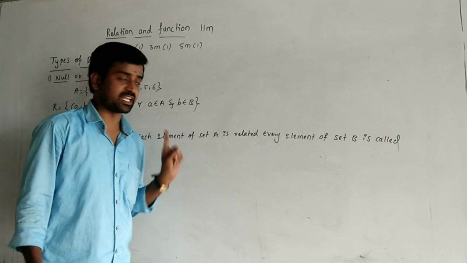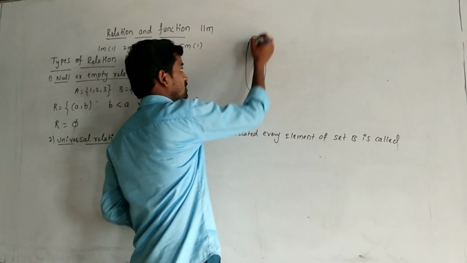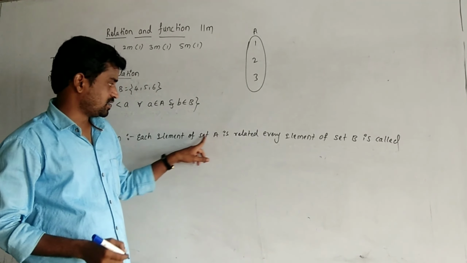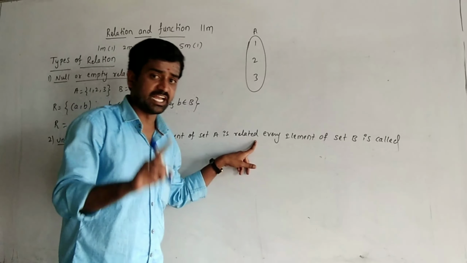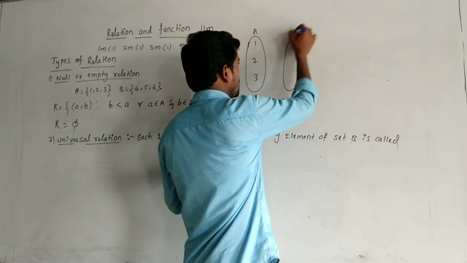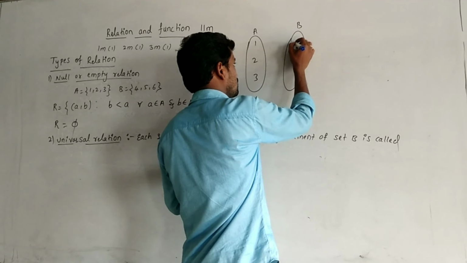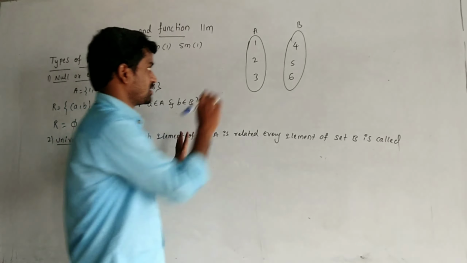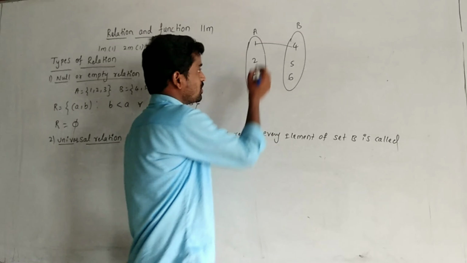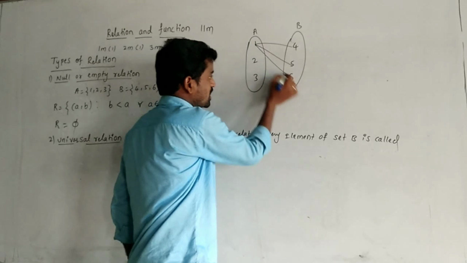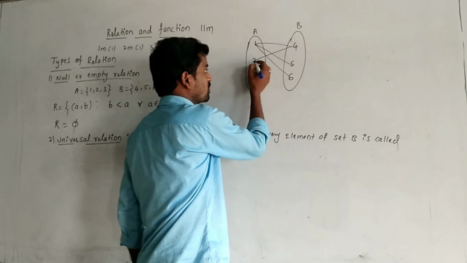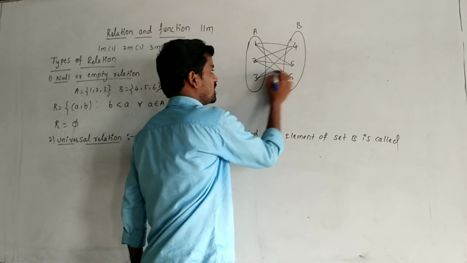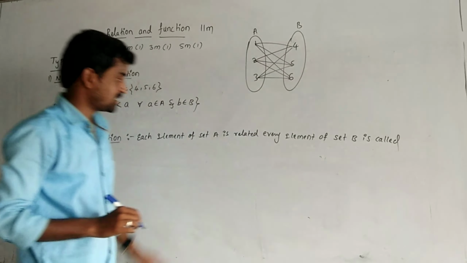Each element of set A is 1, 2, 3. Each element of set A is related to every element of set B. That gives 1, 4; 1, 5; 1, 6; 2, 4; 2, 5; 2, 6; then 3, 4; 3, 5; 3, 6.